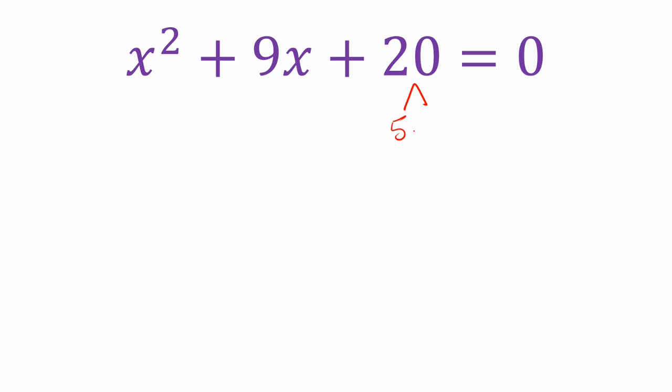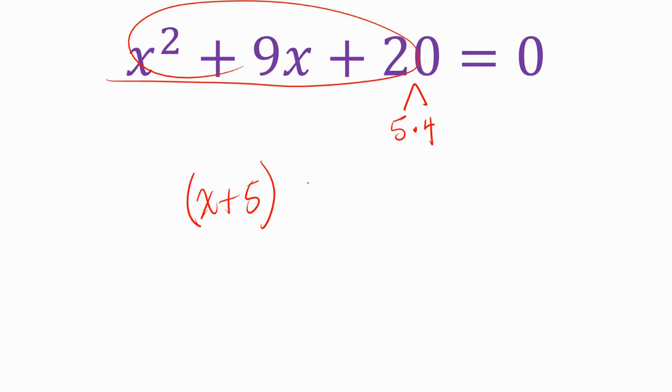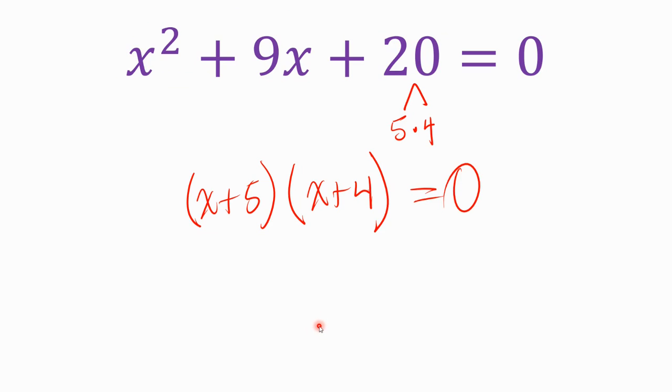So it must be 5 times 4. So I'm going to rewrite this side then as x plus 5 times x plus 4. All right, and it still is equal to 0, so keep that equals 0 there. Awesome. Now it looks just like the other ones. I can set this side equal to 0, and I can set this one equal to 0.